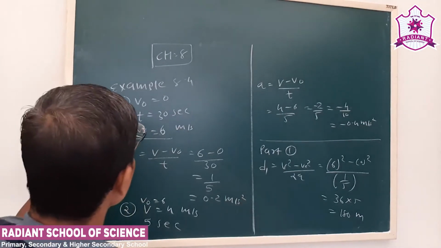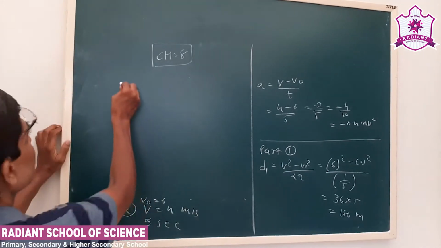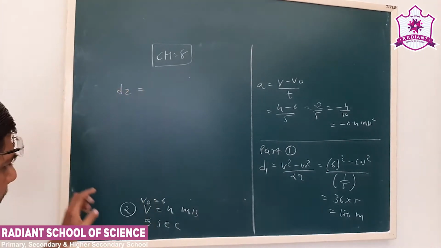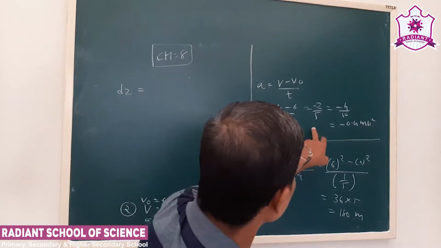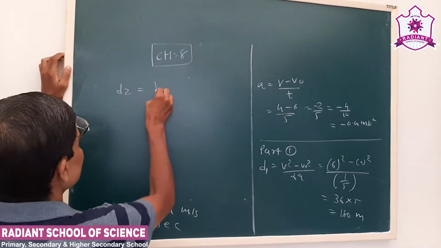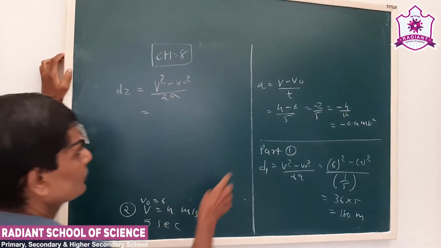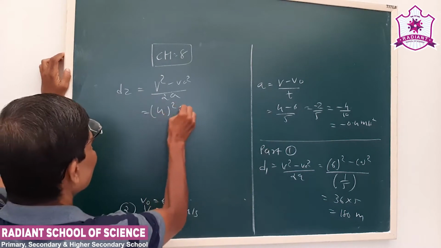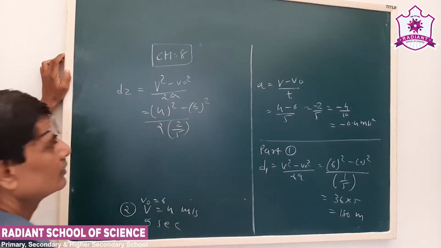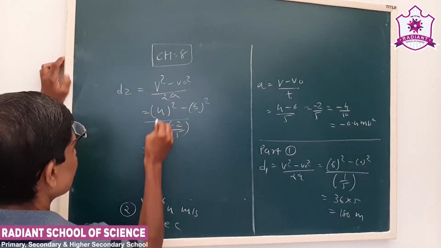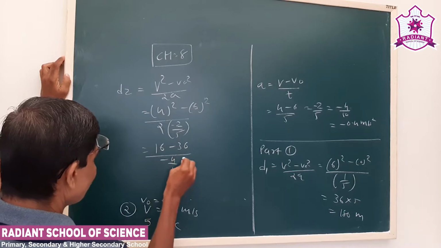Now I find out the distance covered in the second part, that is D2. Here, this is the final velocity, this is the initial velocity, and the retardation is like this. So D is V square minus V0 square upon 2a. Now what is the final velocity here? 4. What is the initial velocity? 6. Acceleration is minus 2 by 5. So 16 minus 36 upon minus 4 by 5.